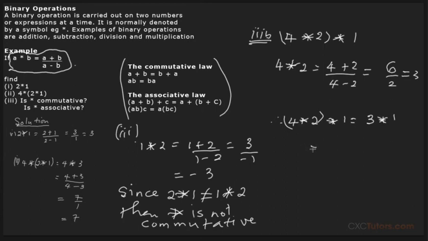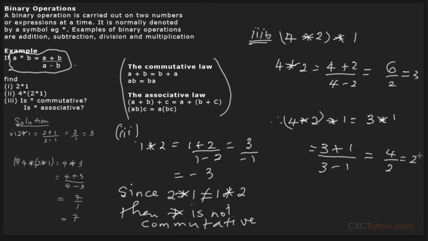Now again, as long as we are applying the operation, we always go back to what is given. A takes the value of 3 and B takes the value of 1. And so this now becomes 3 plus 1 divided by 3 minus 1. And that is equal to 4 divided by 2, which is equal to 2.